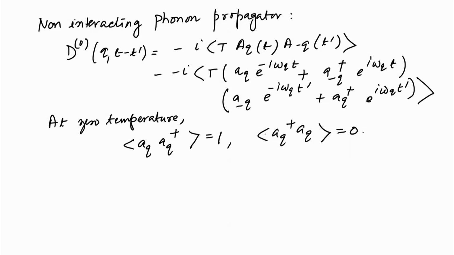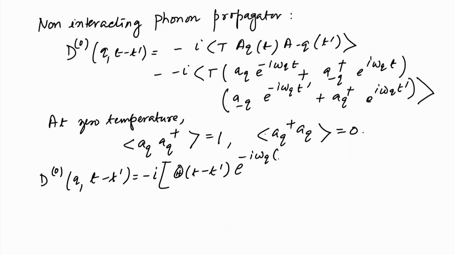So, combining this information, the zeroth order Green's function for phonons is written as minus i times theta of t minus t prime exponential minus i omega q t minus t prime, plus theta of t prime minus t exponential i omega q t minus t prime. And this is the form of the zeroth order Green's function for phonons.